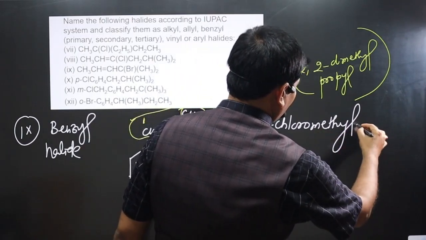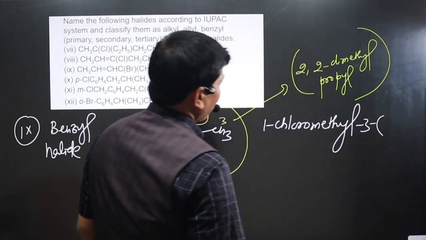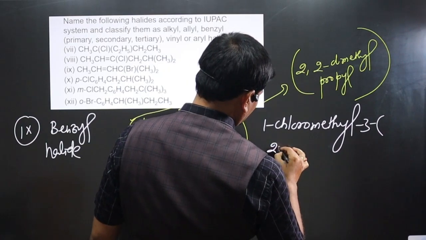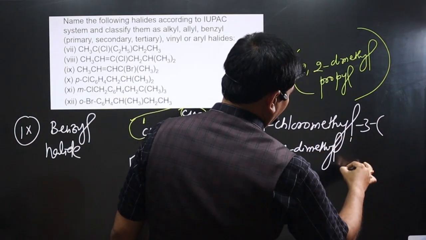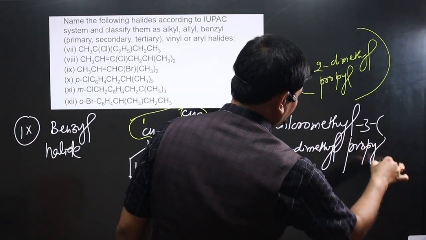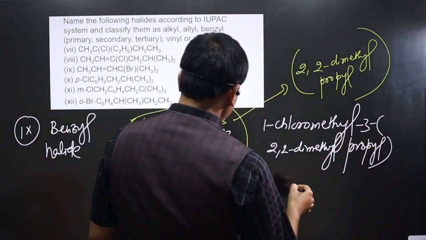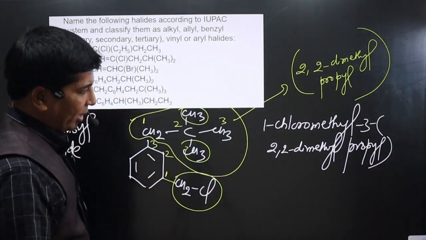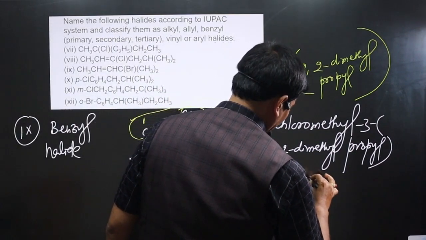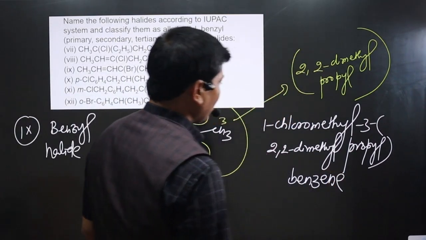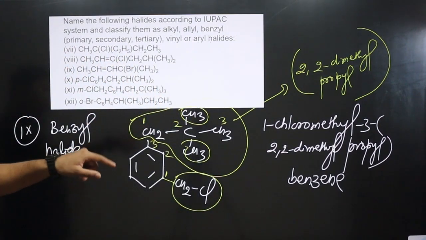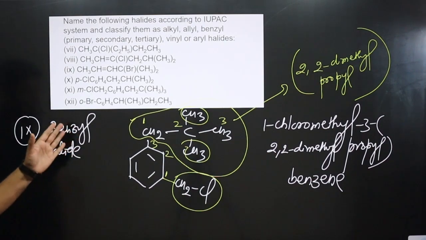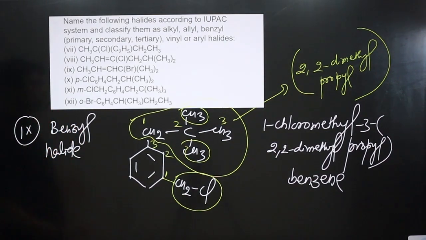Then we can mention 3 and bracket, 2,2-dimethyl propyl, and close bracket, and then the parent chain benzene ring. So the name is what? 1 chloromethyl, 3 bracket 2,2-dimethyl propyl benzene, and classification we have done already. It is benzyl halide.